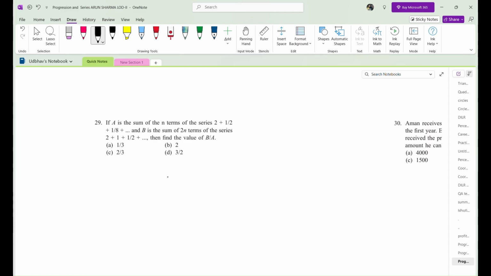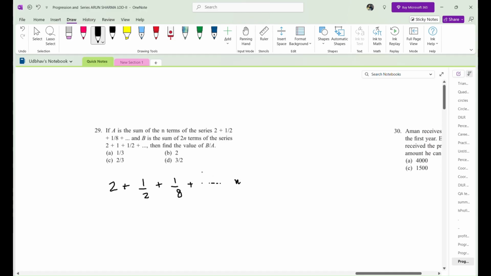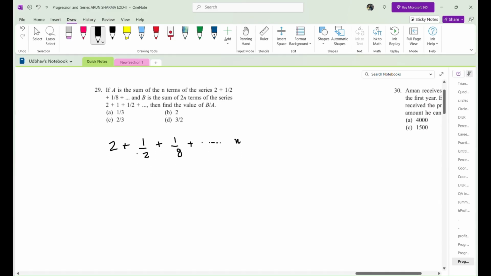Okay, 2 plus half plus 1 upon 8 up to n terms. What is this? This is a geometric progression with common ratio 1/4 and first term 2.